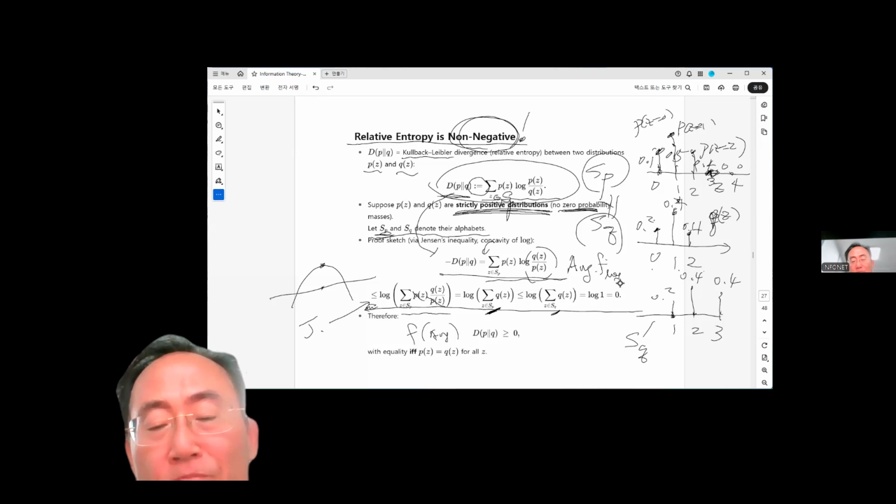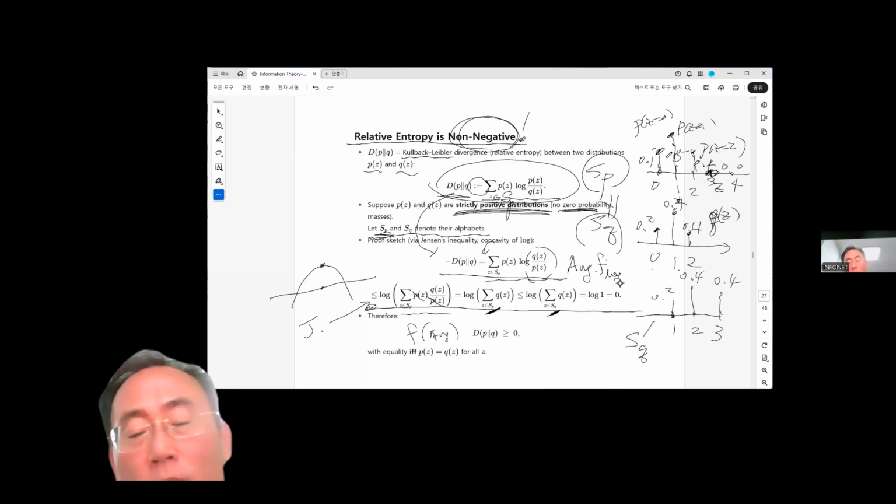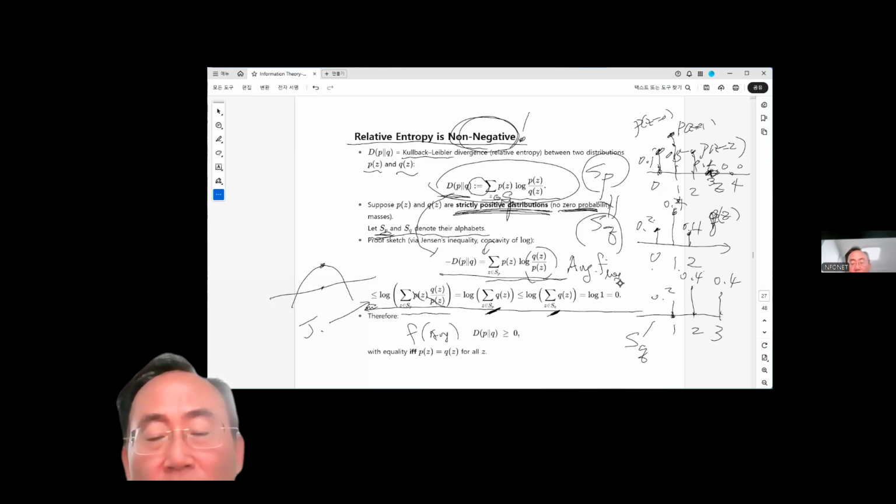So that one is upper bounded by log of sum of Q(z), where I have changed the support set into S_Q instead of S_P. Then the sum of the distribution should be equal to 1, so that is equal to 0.